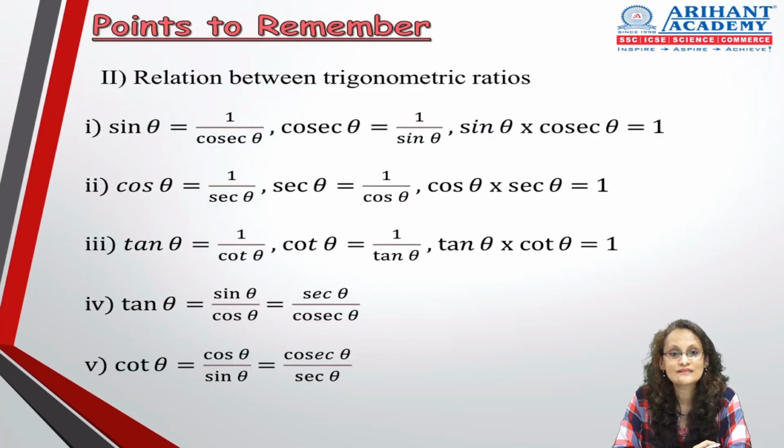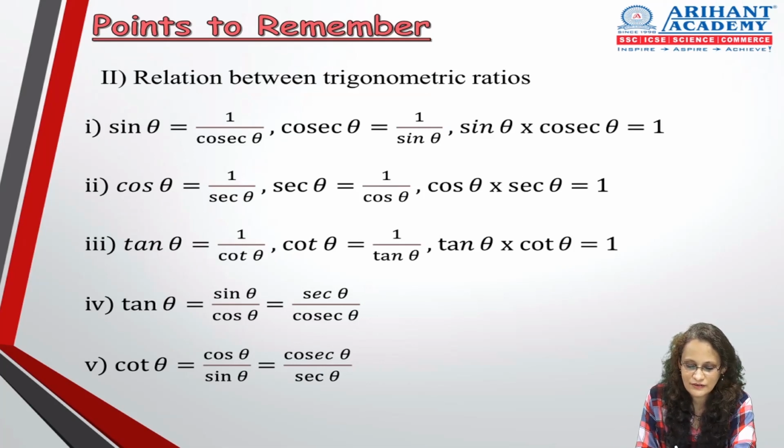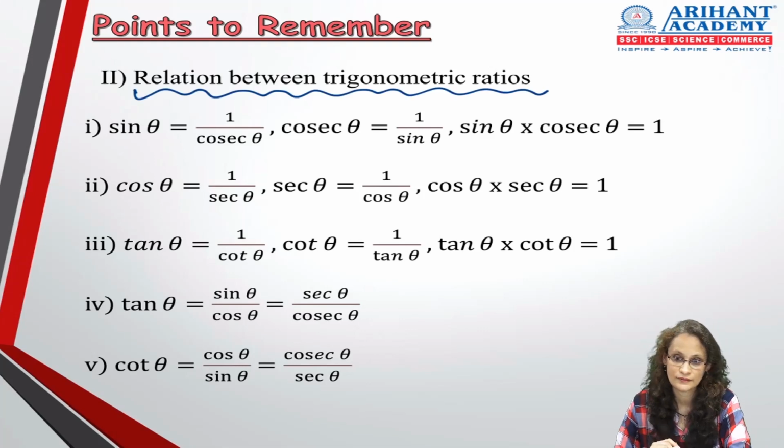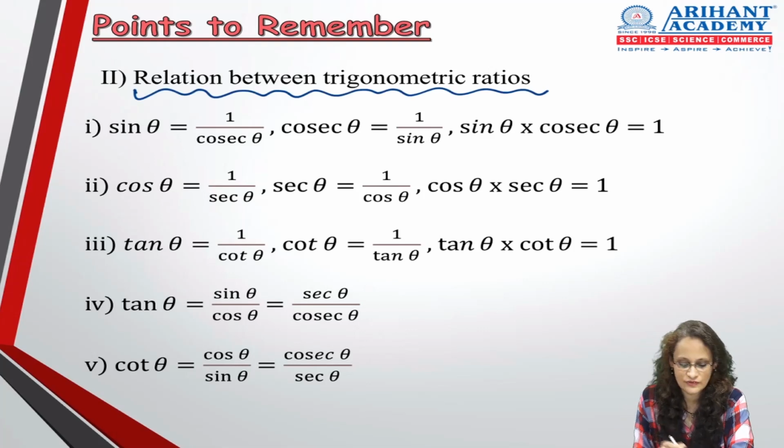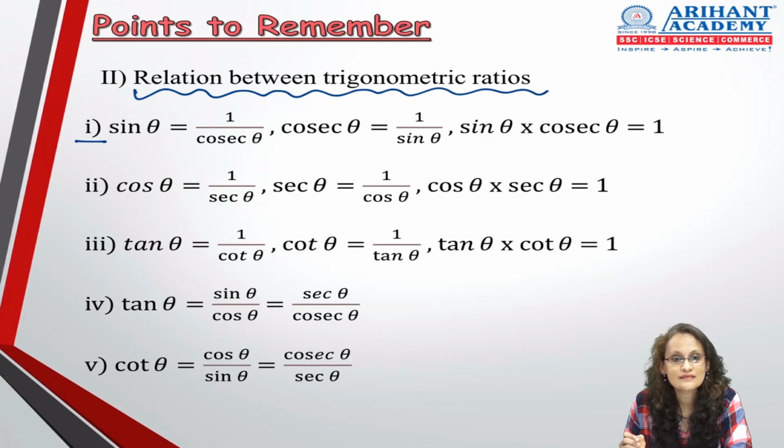Now, the second heading speaks about relation between trigonometric ratios. How are they related to each other? So, see the first point here. Sine theta is 1 upon cosec theta.